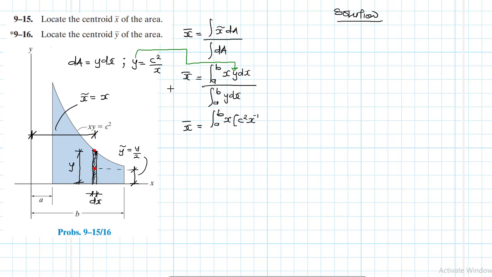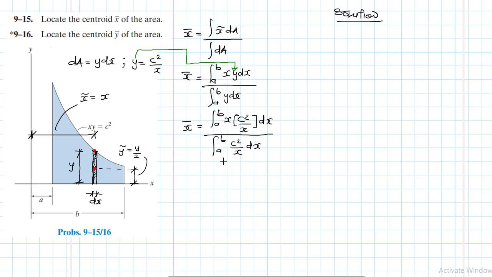You can bring it up, right? We know about this. If you want to, you can leave it like that. It's fine. And then dx, divided by the integral from a to b of y, which is c squared divided by x, dx.